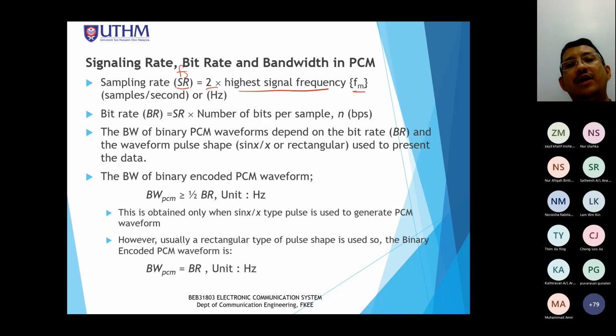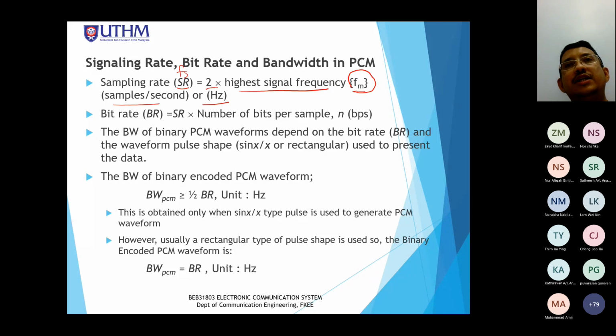Remember, if you have many inputs, for example, you need to choose the highest input frequency. The highest input frequency would be used to calculate the sampling rate. The unit would be samples per second, or in terms of hertz.